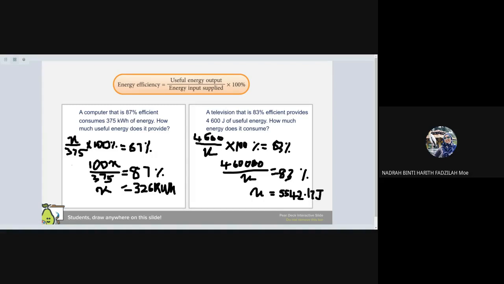Macam mana Adam boleh guna 67? Adam ni ada silap ni, transfer energy. Tapi bila saya kira tak dapat pun kalau guna 67 tu. Kena ubah tu Adam. Nanti Adam tengok balik nota ni, nanti Adam pening. Tukar kepada 83.